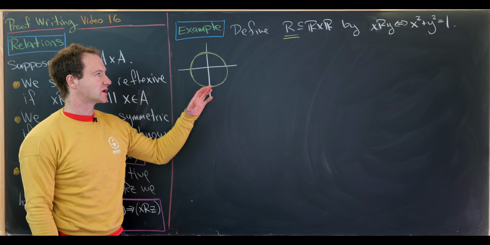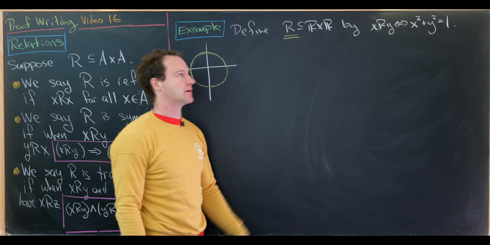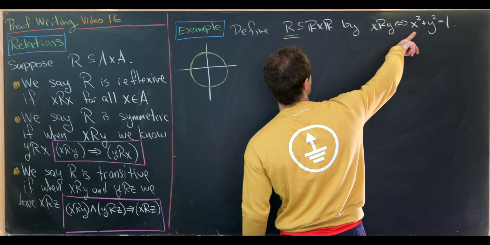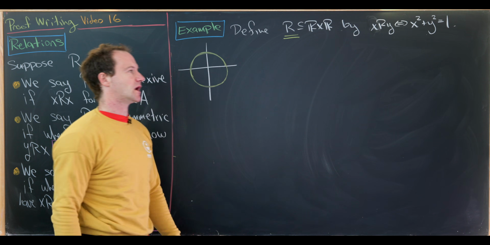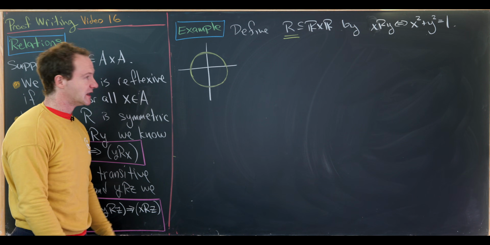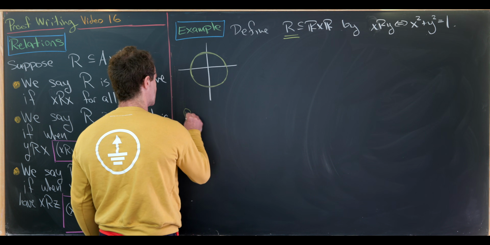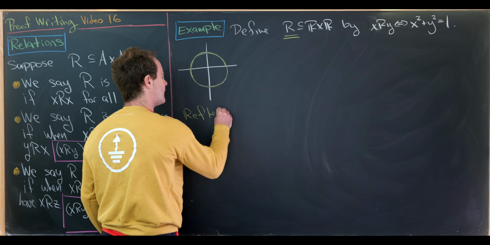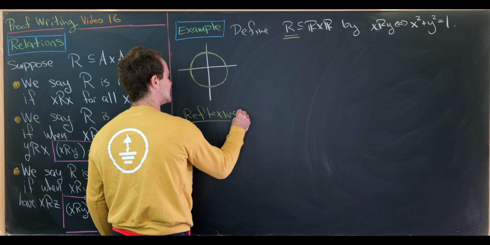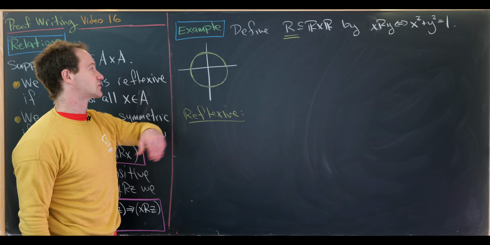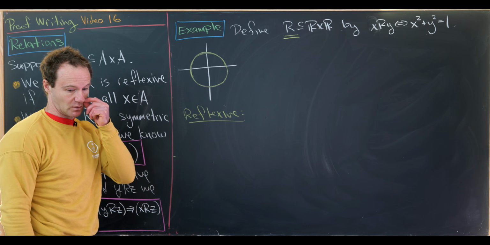So for this example, we'll consider a relation on the real numbers defined as follows. So x is related to y if and only if x squared plus y squared equals 1. Now let's check these properties. So starting with reflexivity. Maybe before we start to check these properties, let's notice that all of the points that satisfy this rule lie on this circle of radius 1.